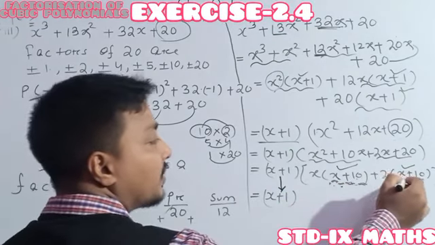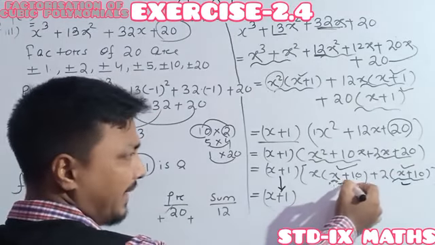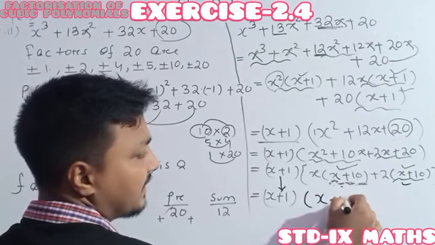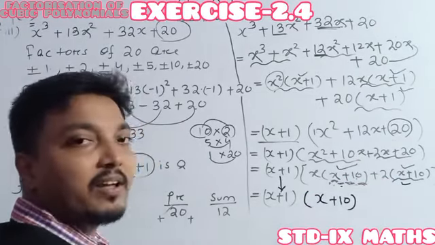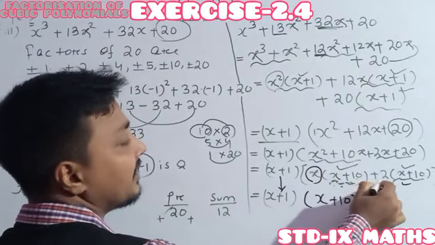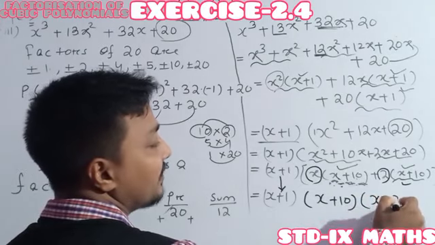From the two terms, the binomial x plus 10 is common. The non-common parts are x and 2, so we have to write x and 2.